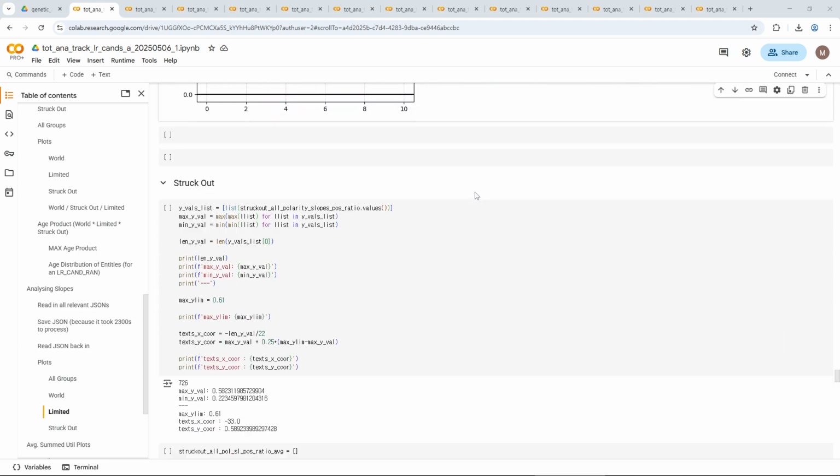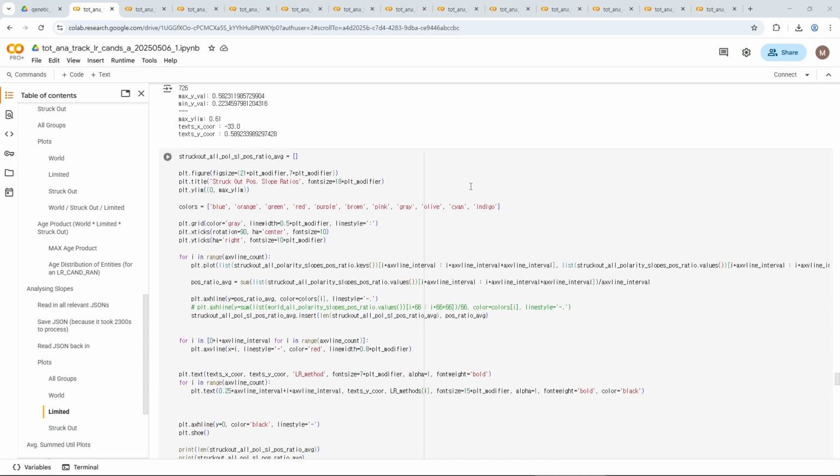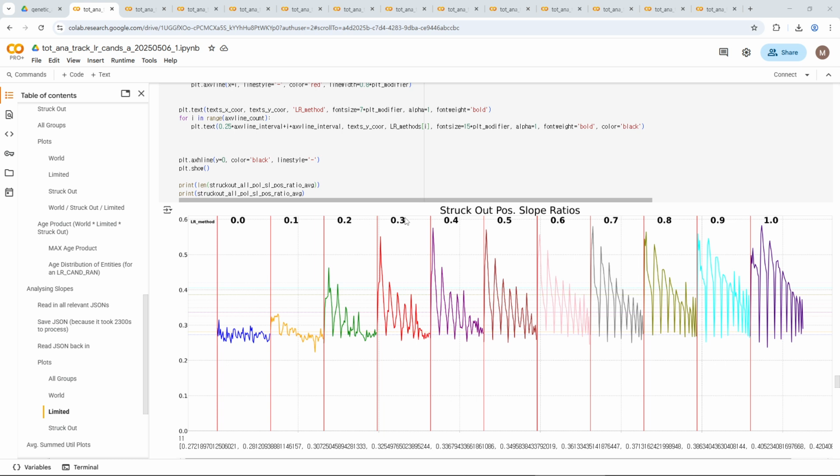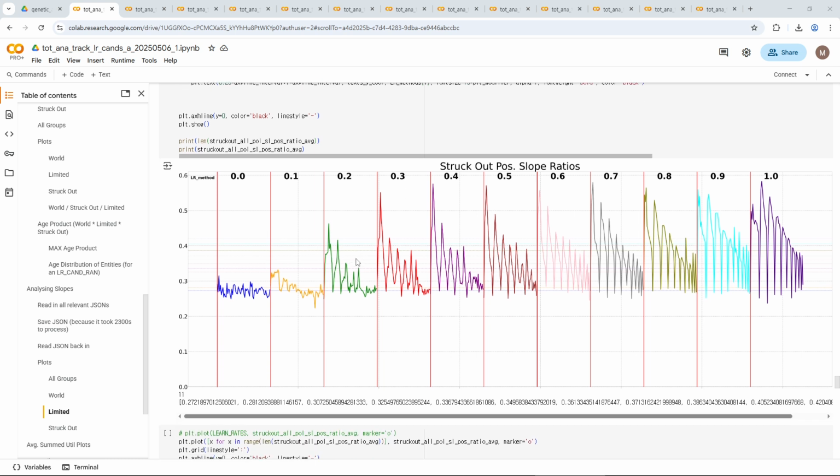However, if we move to the struck out entities, the statement that things really do pick up when the learn rate changes from 0.1 to 0.2 holds: the change is bigger than when the learn rate goes from 0.0 to 0.1. There's a slight change there, but the change between these two is a lot more noticeable.